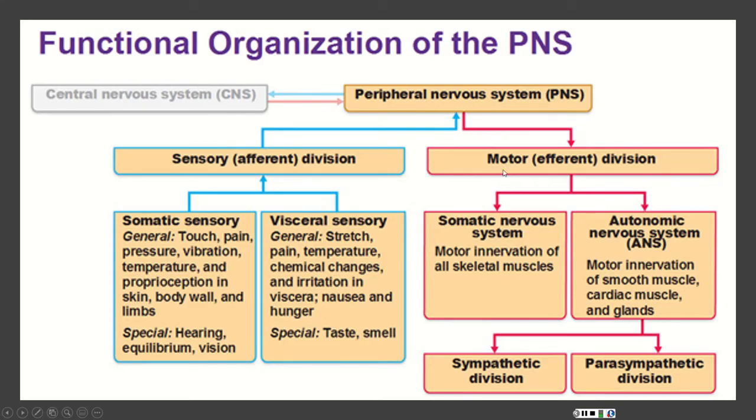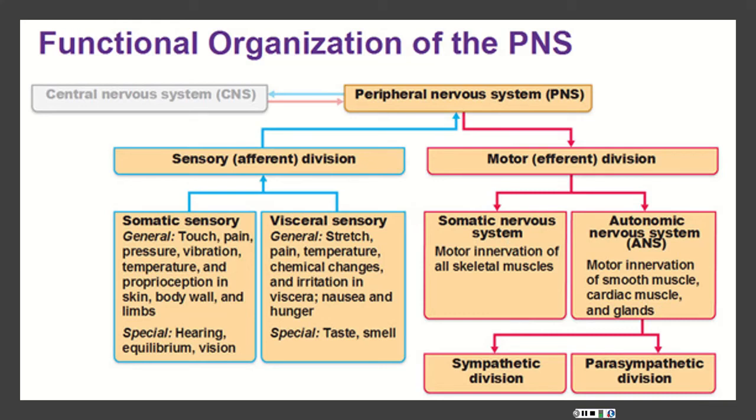Your motor division is broken down into the somatic nervous system and the autonomic nervous system. Now your somatic nervous system controls your skeletal muscles, those voluntary muscles.